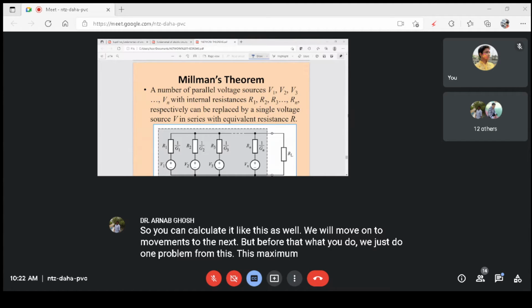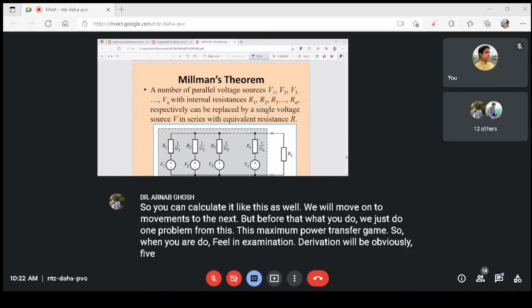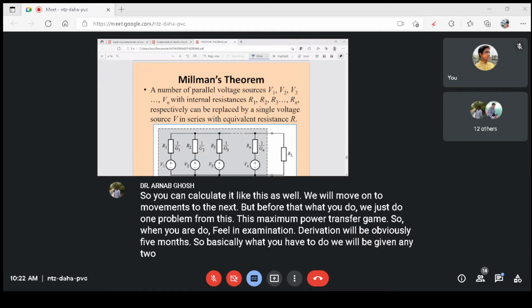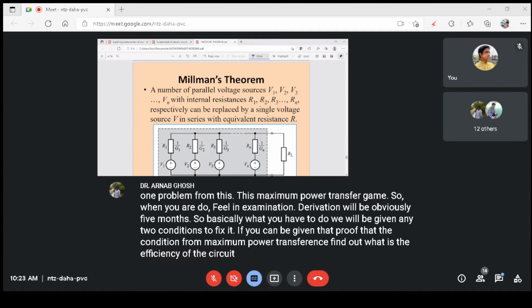In this maximum power transfer theorem, the proof will come for, say, 5 marks. Basically, you will be given any two conditions to prove. For example: prove the condition for maximum power transfer theorem, and find the efficiency of the circuit.